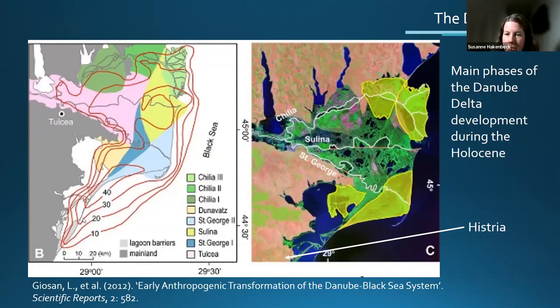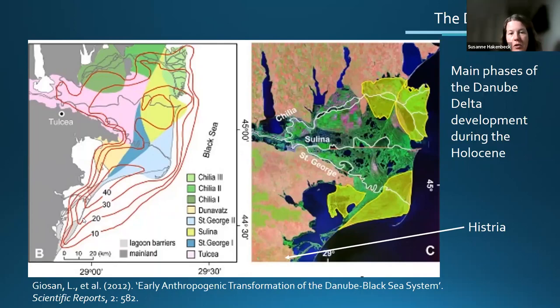Kilia 1, Kilia 2 and 3 in particular were formed about 1,000 to 300 years before present, and Kilia 3 was formed around 300 years before present. So you can see these are really within very recent historic timescales.